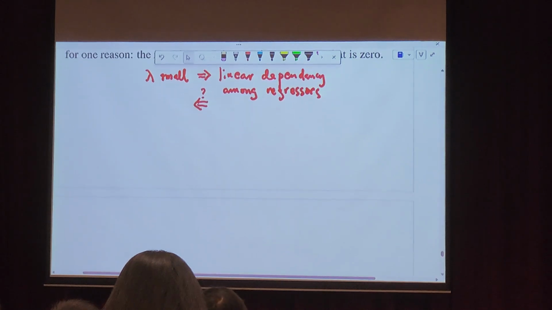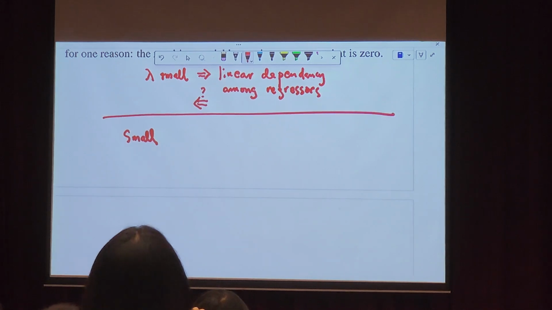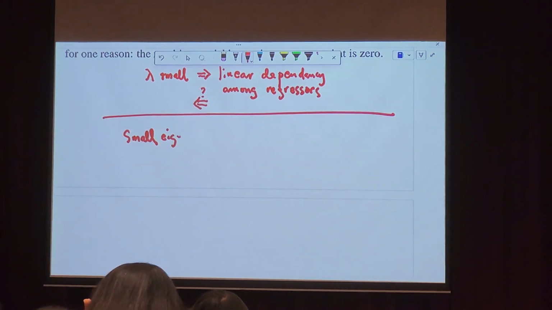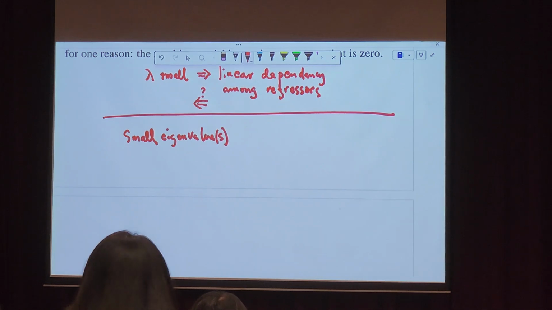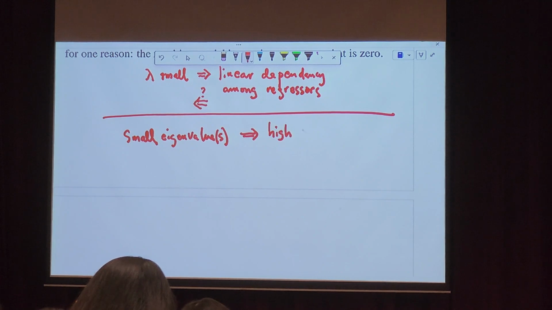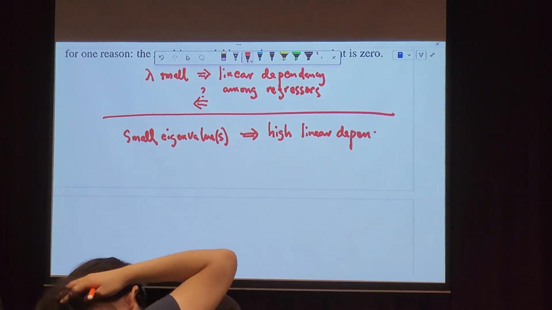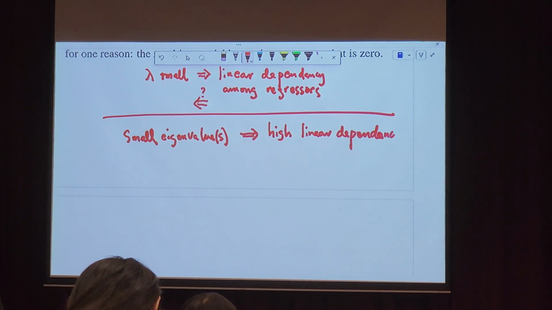Now, let me prove something even more than this. Small eigenvalues imply high linear dependency. Okay? Now let's look at this.